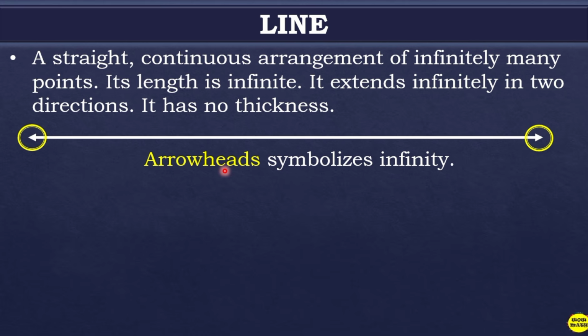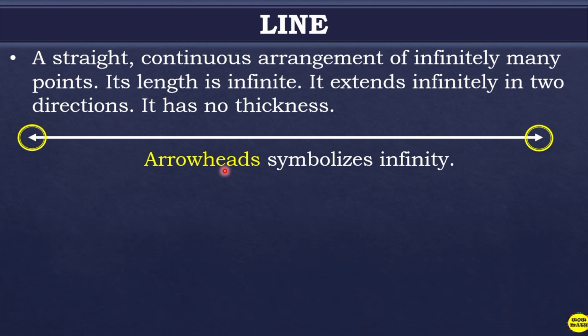Ibig sabihin, tuloy-tuloy siya. Okay? Wala siyang end. So, when we have this symbol, yung arrowheads, ibig sabihin, infinite yung direction na yon. So, in this figure, since this is a line, tatandaan na ang line po, we have two infinite directions. Okay? Because we have two arrowheads in a line.